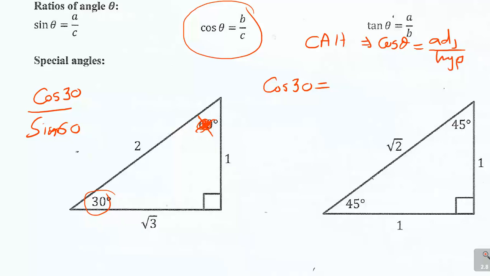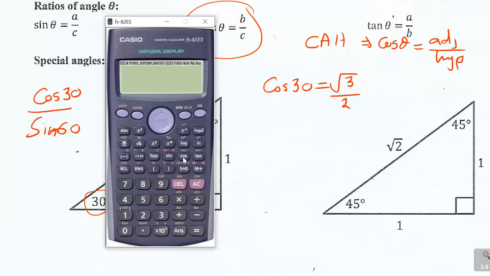Because this is 30 and 90, this is my adjacent side, and 2 is my hypotenuse side. So cos 30 is root 3 over 2. Verify with your calculator to say cos 30.